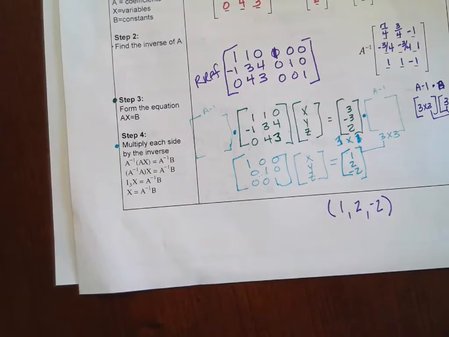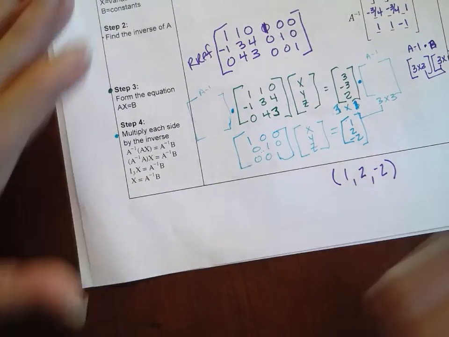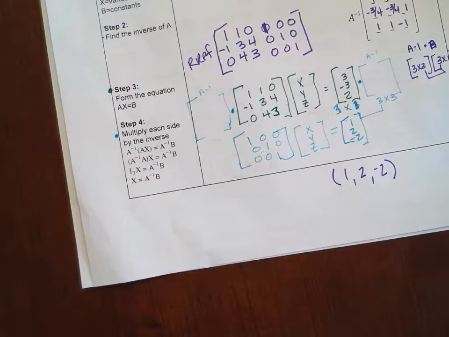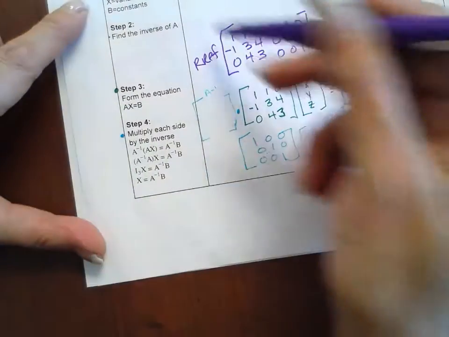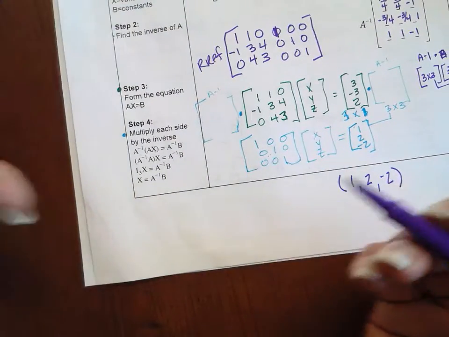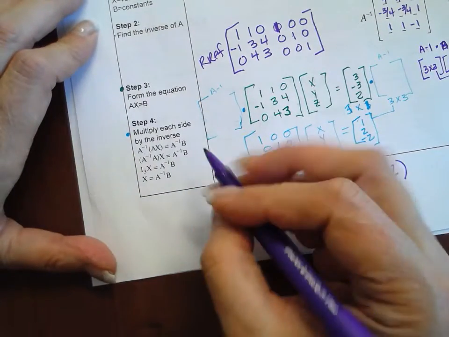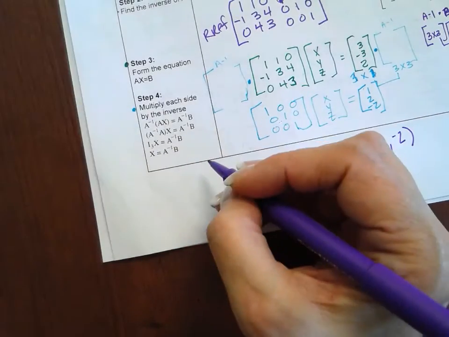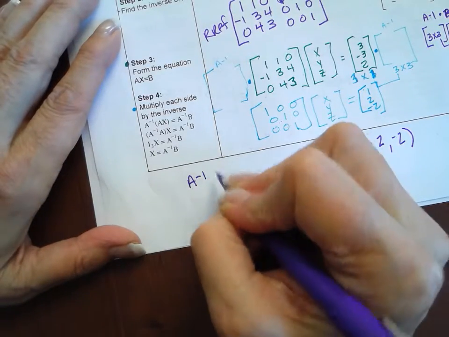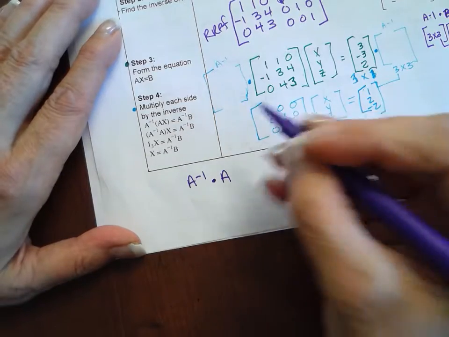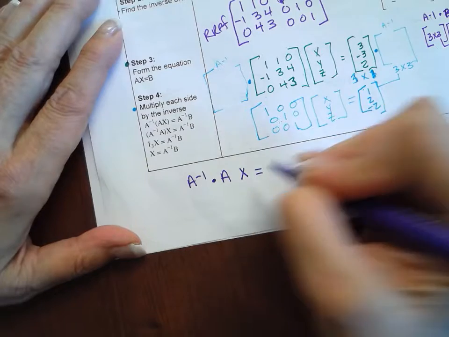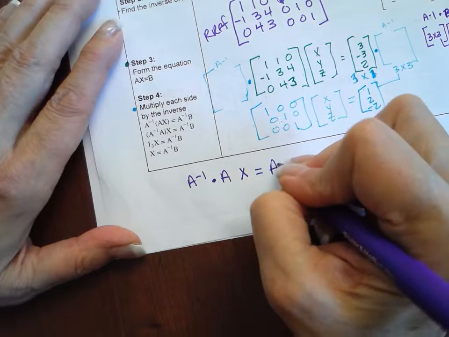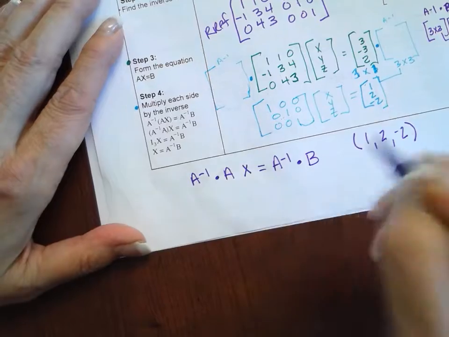Okay, so what you'll need to do, when you're rewriting this into an equation, write the equation as your inverse is equal to your inverse times b.